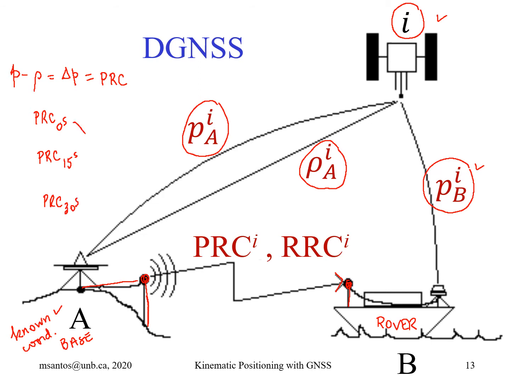And then we can compute the rate of change of the pseudo-range correction, from 0 to 15, from 15 to 30. Every time now we make a correction, the corrections will take place every 15 seconds.